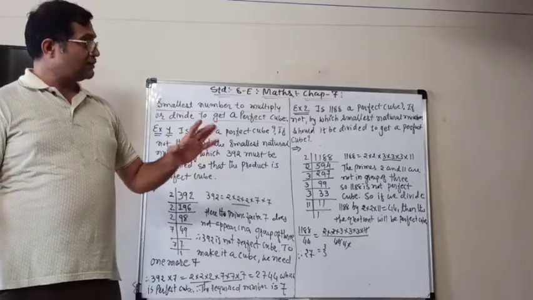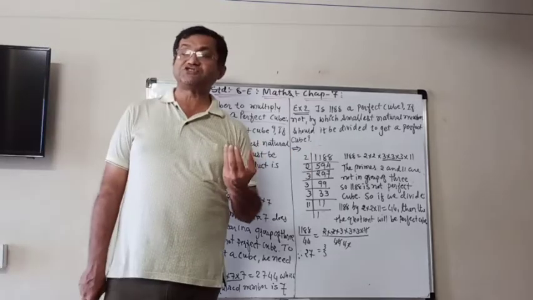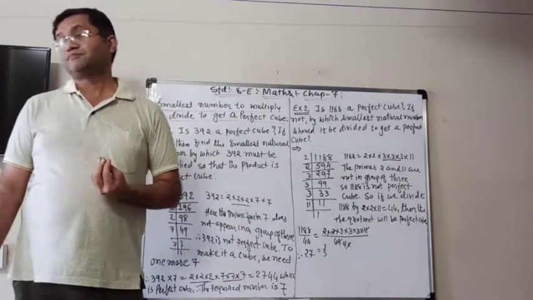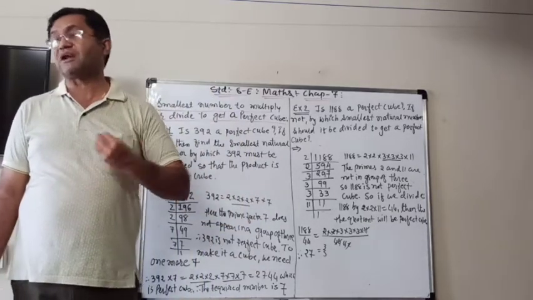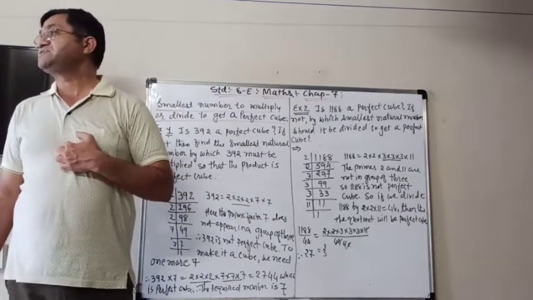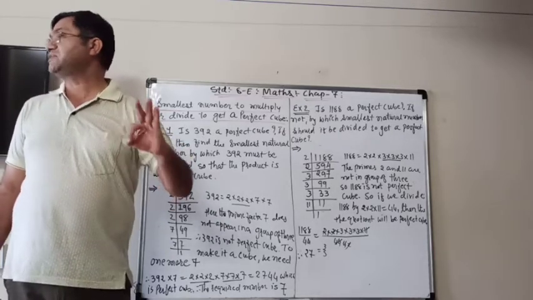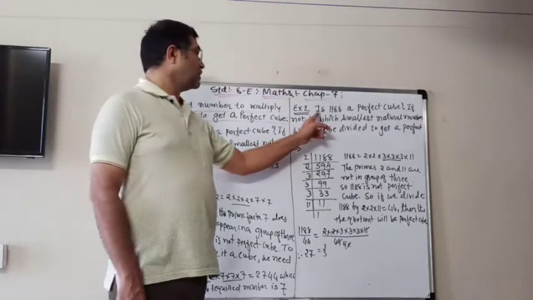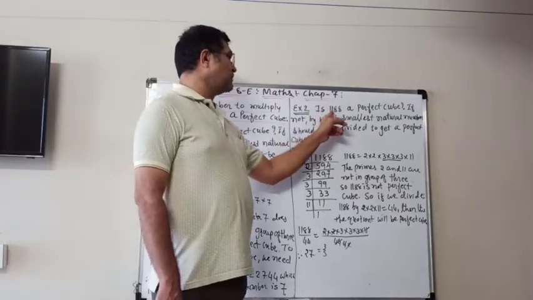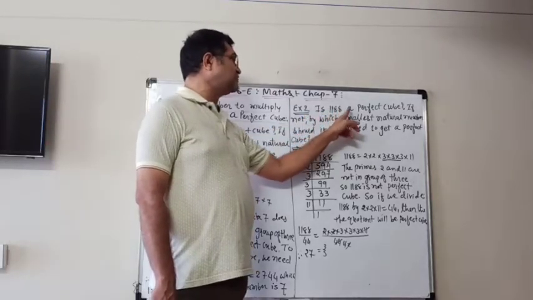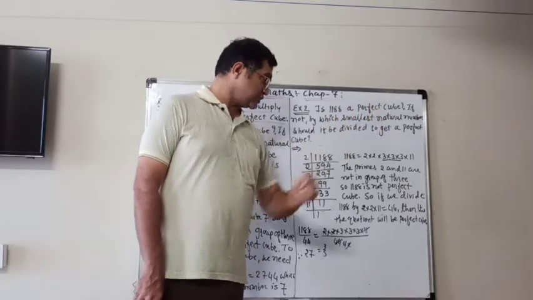Now we will understand the other one, in which we have to divide the number by the smallest natural number such that the quotient will be a perfect cube. So that is the example. Is 1188 a perfect cube?